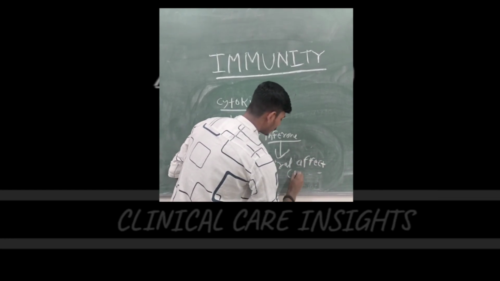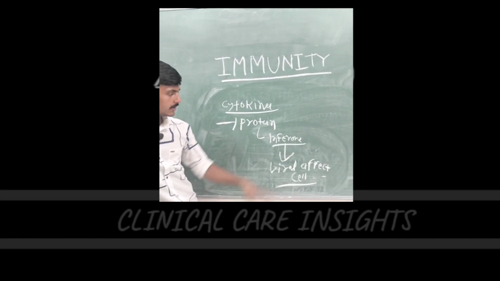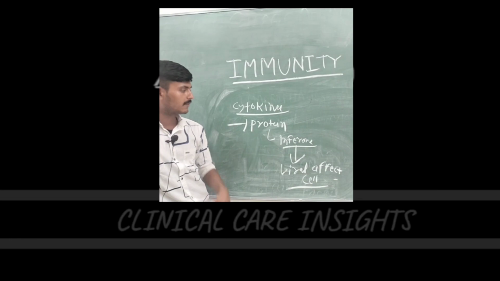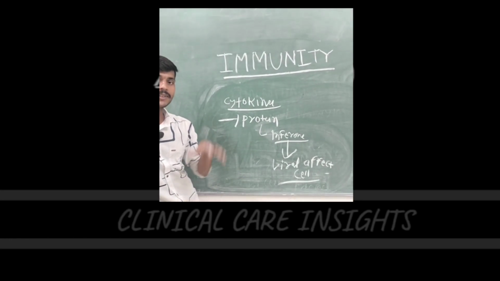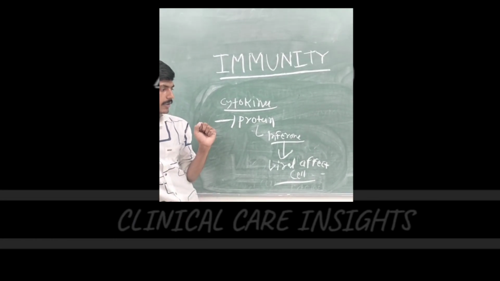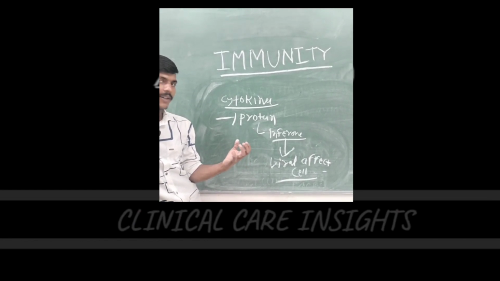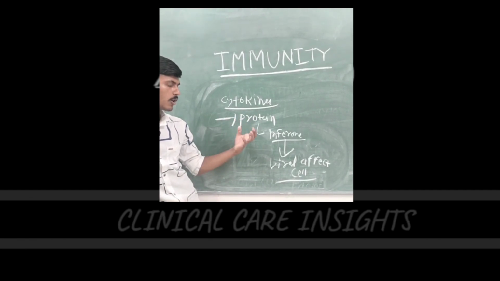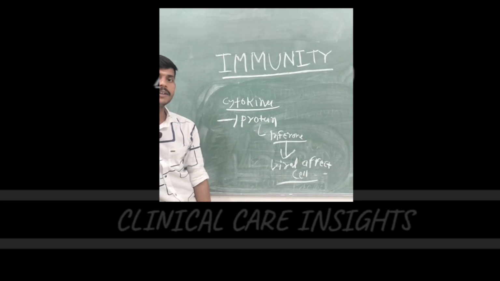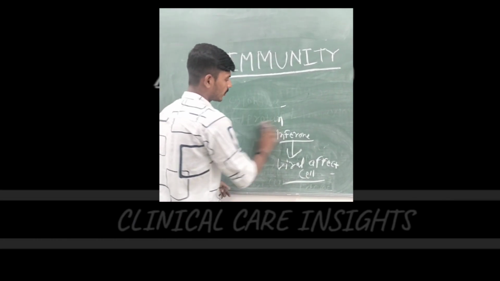You know that once viruses come into our body, they interfere, they capture and rupture the cellular machinery and make the cell die. So those cells affected by the virus, these cytokines secrete strong proteins called interferons, which destroy those virus-affected sites and prevent further viral infections. These all are the innate immunity, or we can say the inborn immunity.